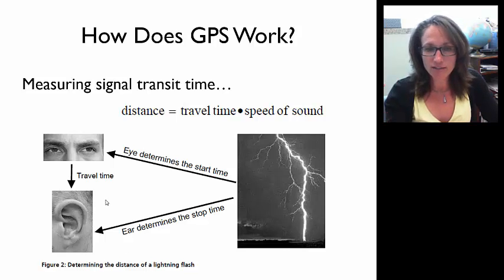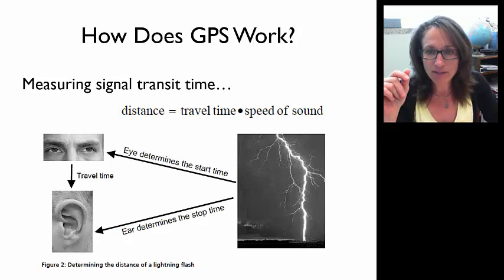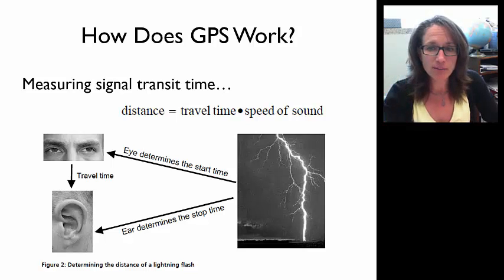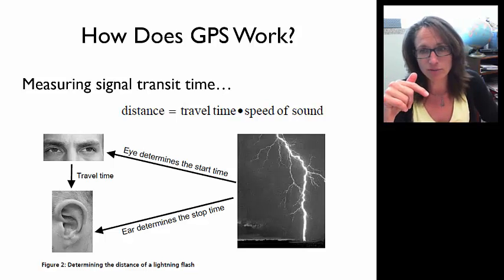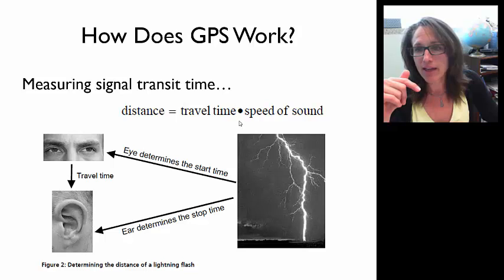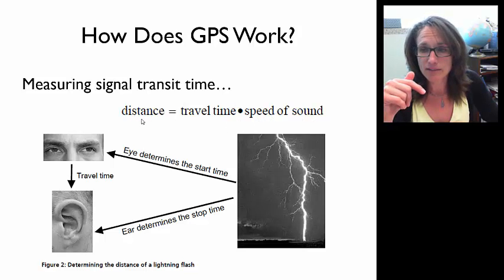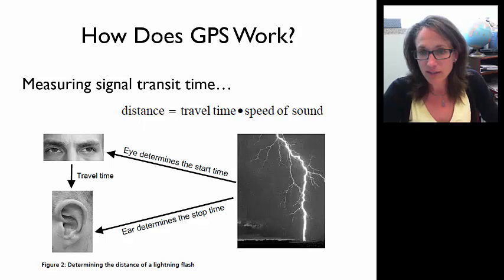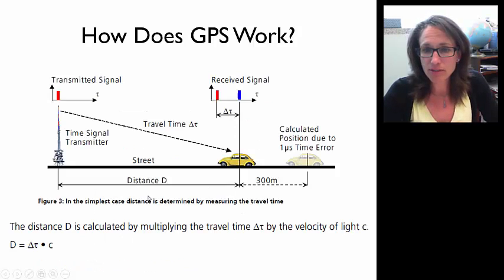So if we start our stopwatch when we see the lightning and stop it when we hear the sound, then we know the travel time of the sound wave from the lightning strike to us. And if we multiply that travel time times the speed of sound, we can get the distance from us to the lightning strike.